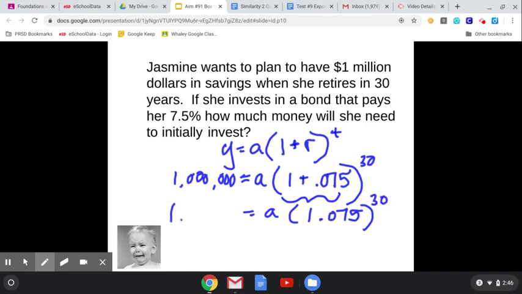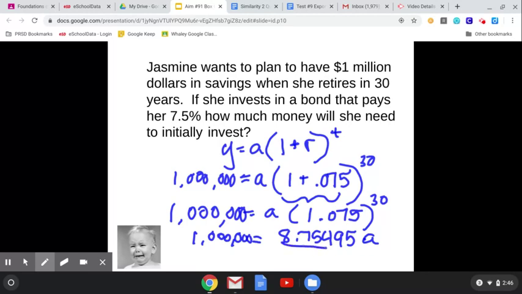This is still 1 million. 1.075 to the 30th gives me a number like 8.75495. I'll just stop right there. Times A. We still have this A value here. This is still 1 million.